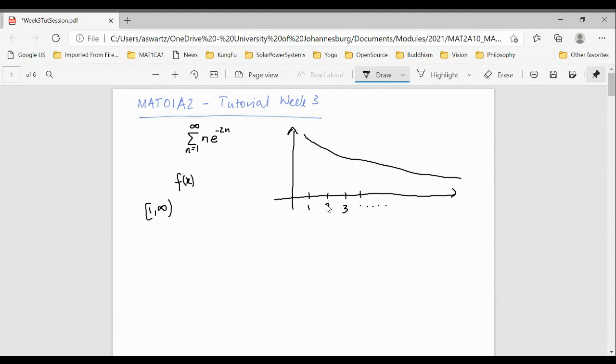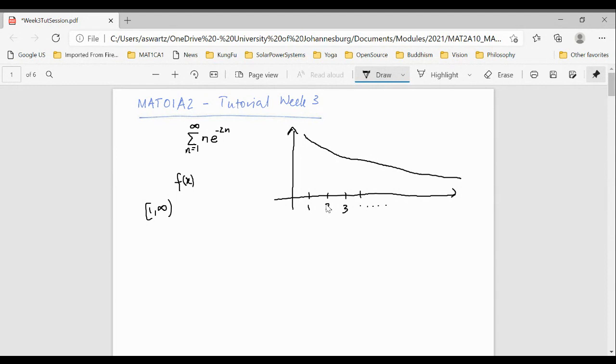Remember what continuity meant. It meant it didn't have any sharp jumps or step discontinuities or anything like that. I should be able to draw the graph without lifting the pen off the paper.